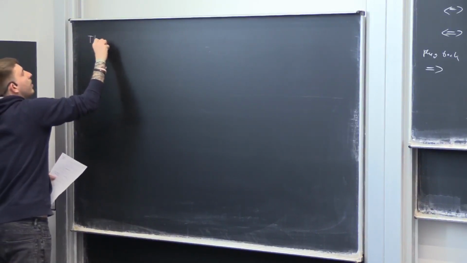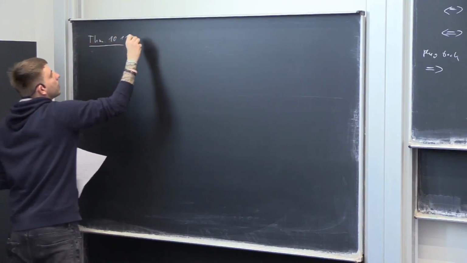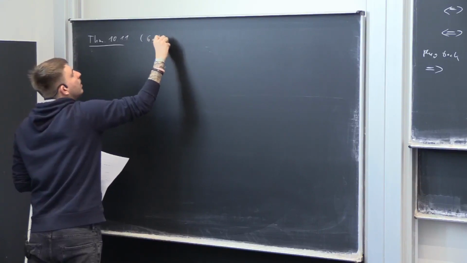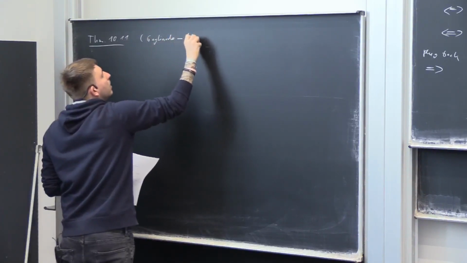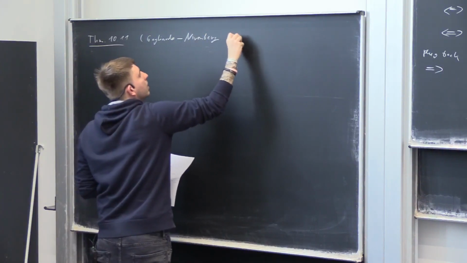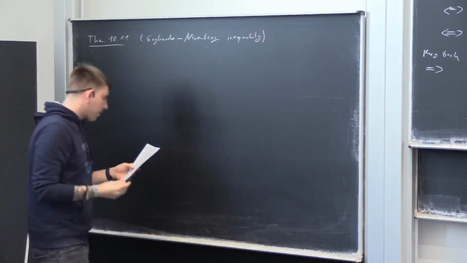So this is Theorem 10.11, the Gagliardo-Nirenberg inequality. What does it tell?